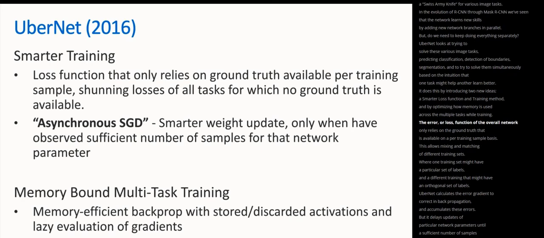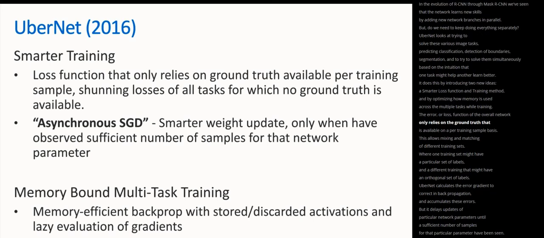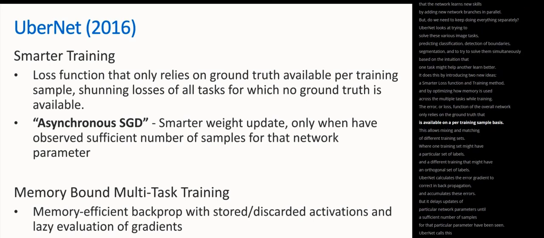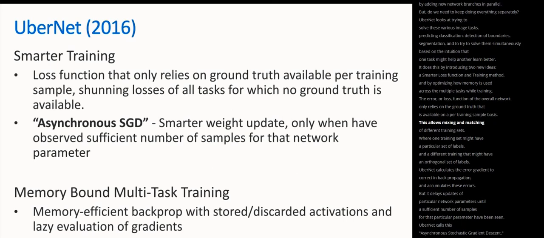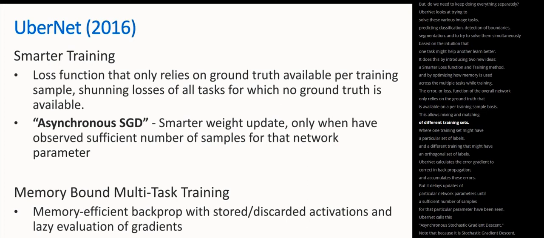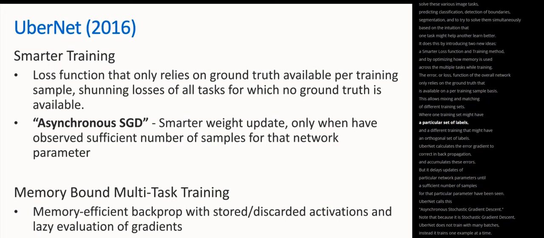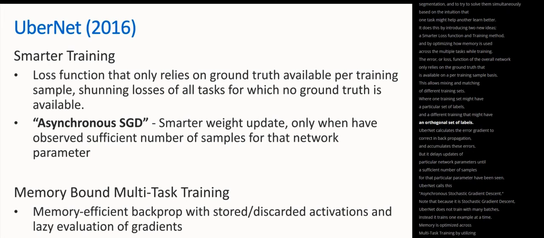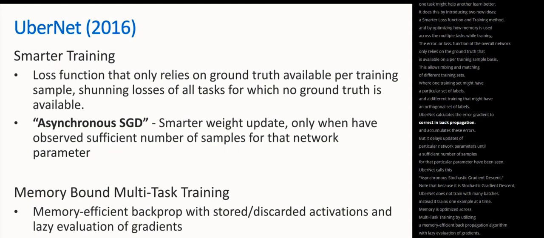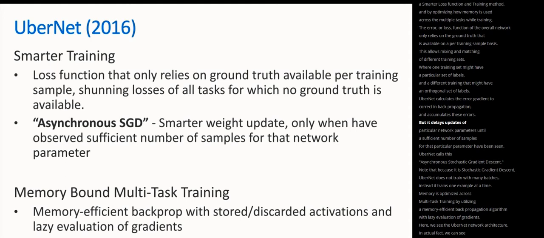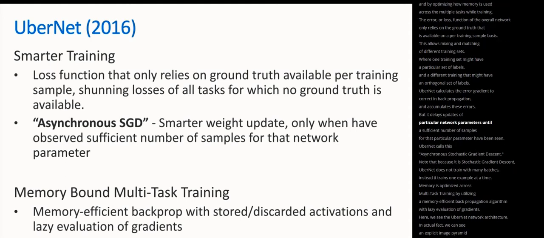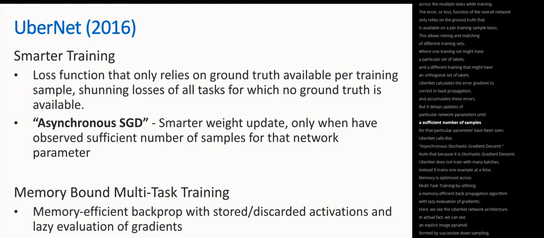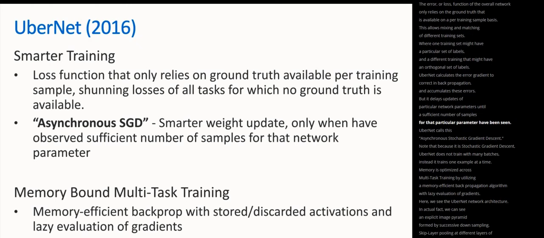The error or loss function of the overall network only relies on the ground truth that is available on a per training sample basis. This allows mixing and matching of different training sets, where one training set might have a particular set of labels and a different training set might have an orthogonal set of labels. UberNet calculates the error gradient to correct in back propagation and accumulates these errors, but it delays updates of particular network parameters until a sufficient number of samples for that particular parameter have been seen.